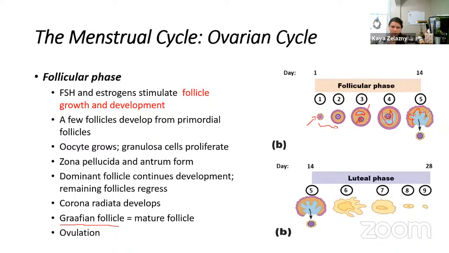When it bursts, that releases the oocyte. So this oocyte is going to get released out of the ovary into the fallopian tubes, and it's going to leave behind these other structures. These other structures are what are going to degenerate and become the corpus luteum.